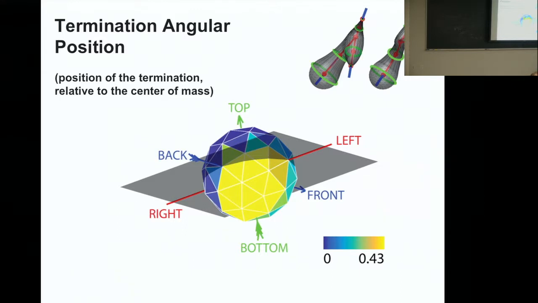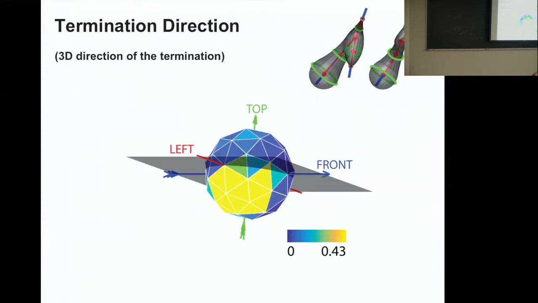And the reason this is all turned around is just so that we can get a good look at the peak. So yellow represents the peak on the scale, and blue represents the bottom. And what this shows is that the terminations that drove high responses across many stimuli were positioned to the bottom and to the left relative to object center, which you can see there.